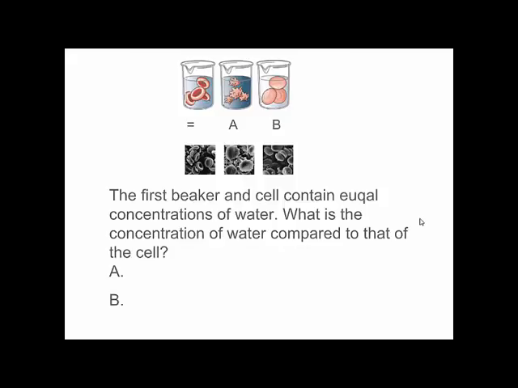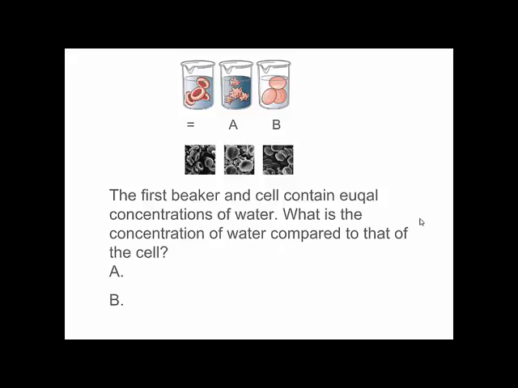Nothing will change. It would stay the same. They're in a balanced solution. So there's 95% water in the cell, 95% water outside of the cell, so there's no net movement of water either way. Some water would go in, some water would come out, but it would be about equal. And so the cells would stay about the same. So on your slide, write A, equal concentration. That's what this is showing.